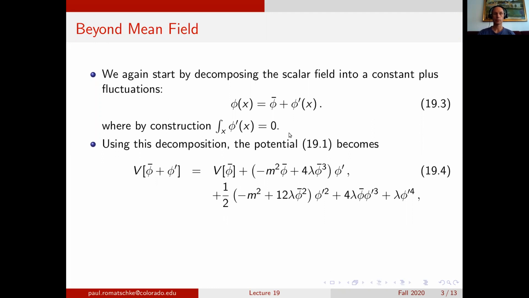If we use this decomposition, we find that the potential evaluated at the field phi falls into two parts. It's given as the potential evaluated at the mean field, plus terms linear in the fluctuations, plus terms quadratic in the fluctuations, plus terms cubic in the fluctuations, plus a term that is quartic in the fluctuations.